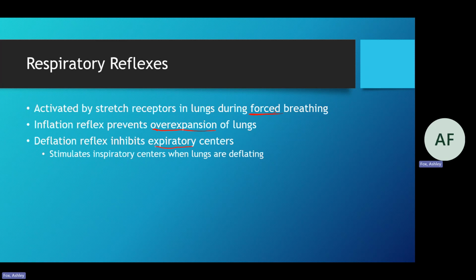That's going to be in expiration. The deflation reflex is going to inhibit the expiratory centers and stimulate inspiration. So when the lungs are deflating, meaning they're getting smaller or shrinking, you're going to stop expiration and stimulate inspiration, causing your respiratory muscles to contract.